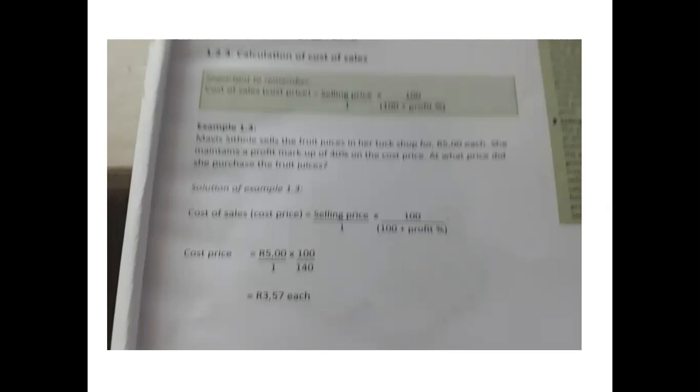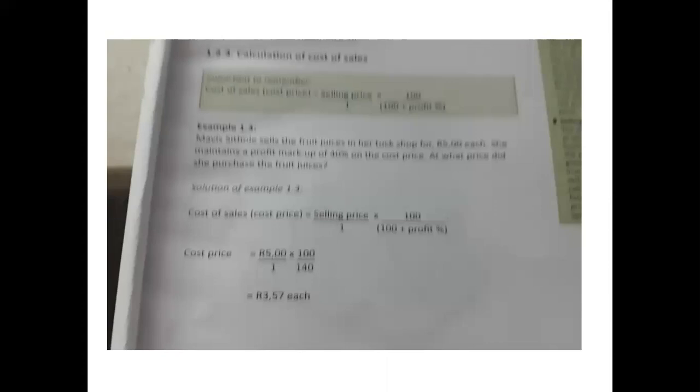You take the selling price, multiply by 100 divided by 100 plus the profit percentage. So you're going to divide by 140 because the profit percentage was 40%. If you look there, you get the answer of 3 rand 57. So 3 rand 57 is your cost price.